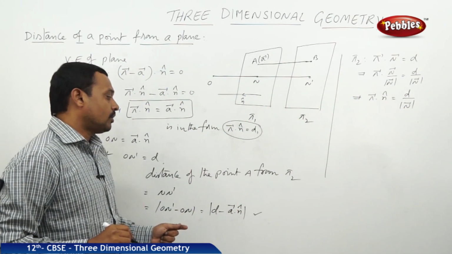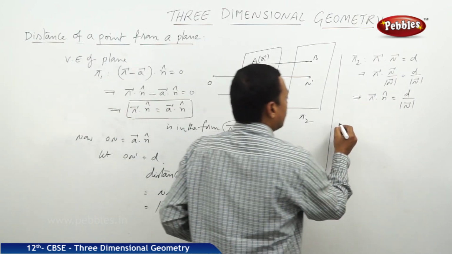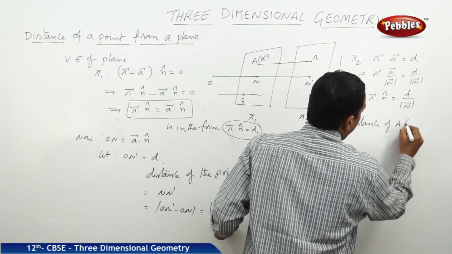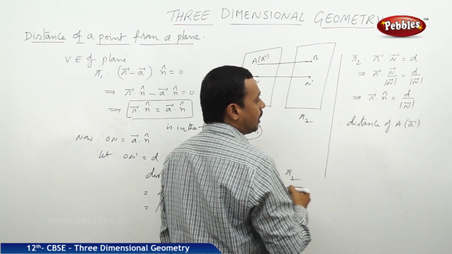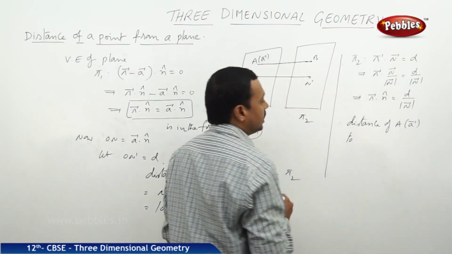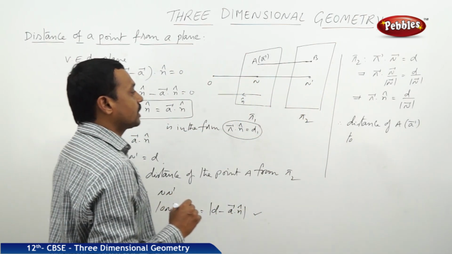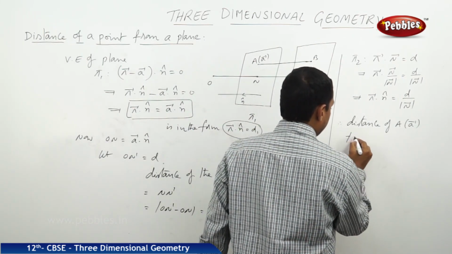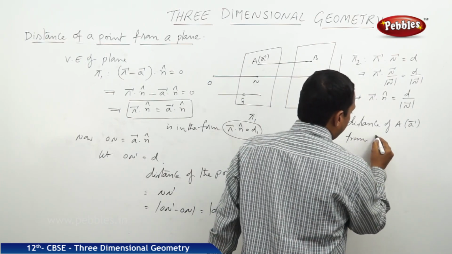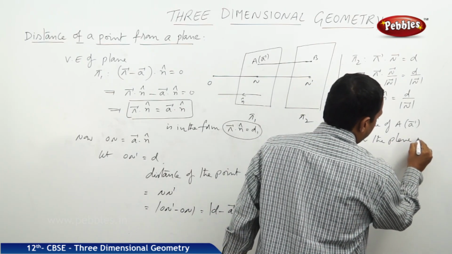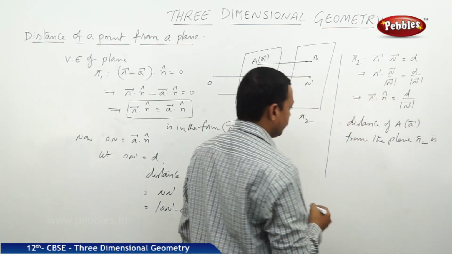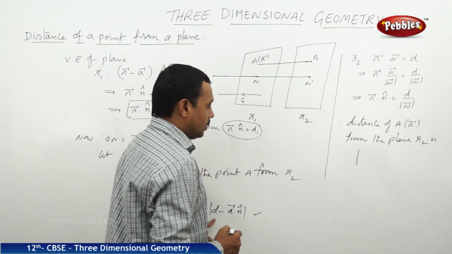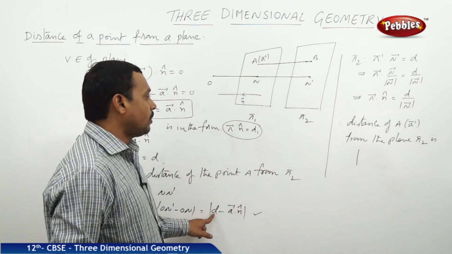Now that is the equation of the plane. Right now the distance of a point A with the position vector A bar from the plane pi 2 is, now substitute here, d means what? The distance from origin to the plane.